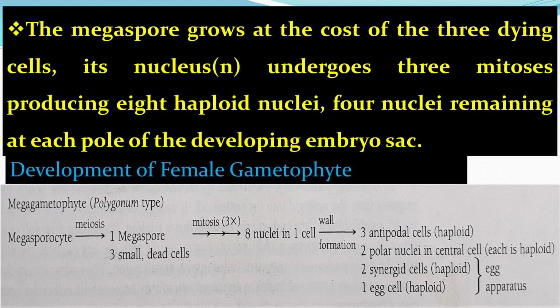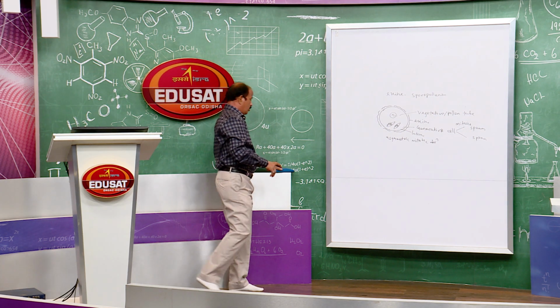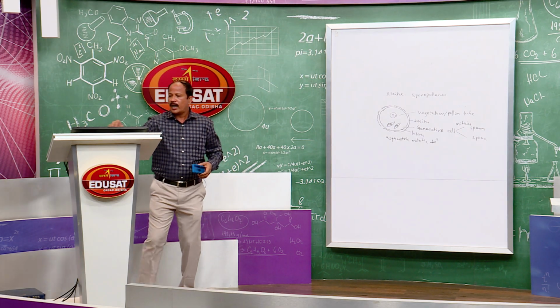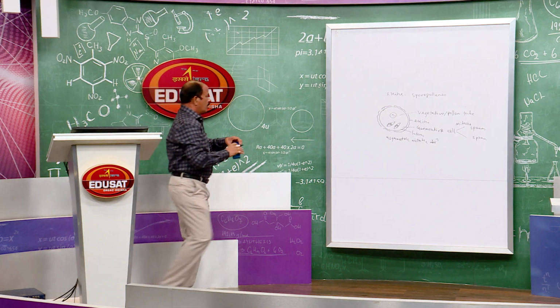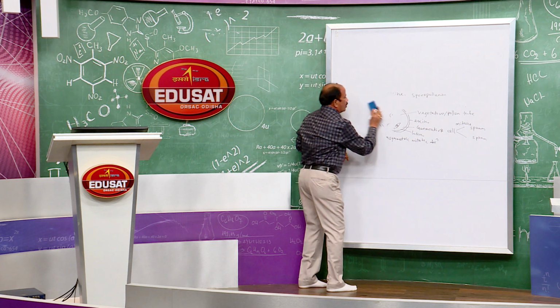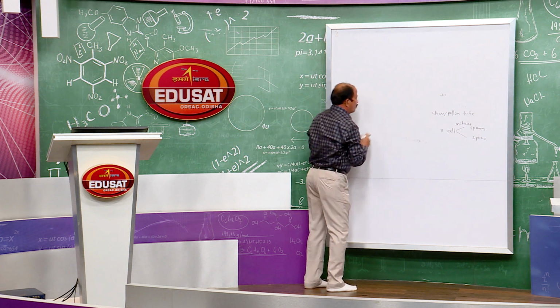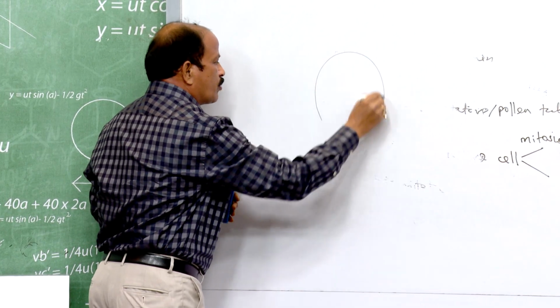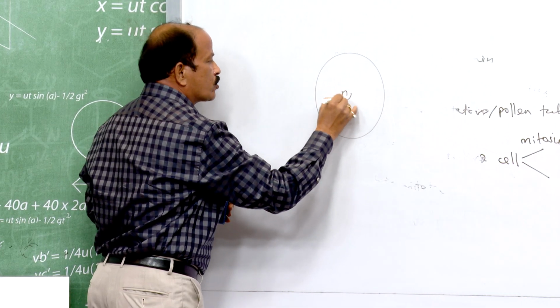The nucleus divides thrice, 3 successive mitotic divisions of this megaspore nucleus take place, resulting in 8 nuclei, 4 at each end. Let us have a discussion like this. This is the initial megaspore, this is its nucleus.